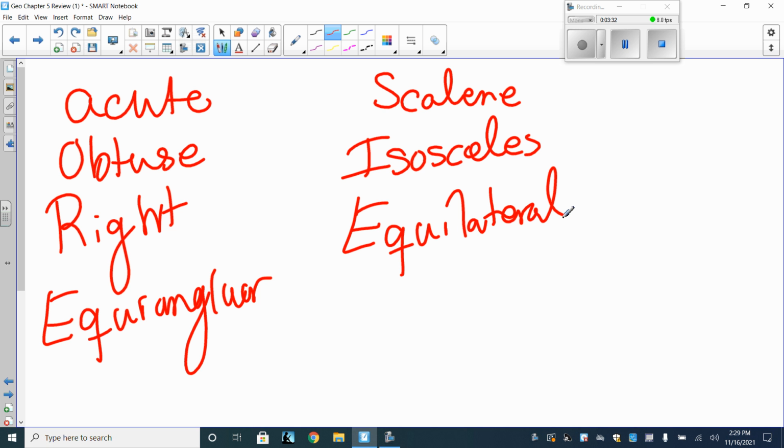For the sides, we're going to either have scalene, none of them are congruent, isosceles, 2 sides are congruent, or equilateral, all 3. And if a triangle is equilateral, it's also going to be equiangular. If it's equiangular, it's also going to be equilateral. Any other questions on 1 through 6?